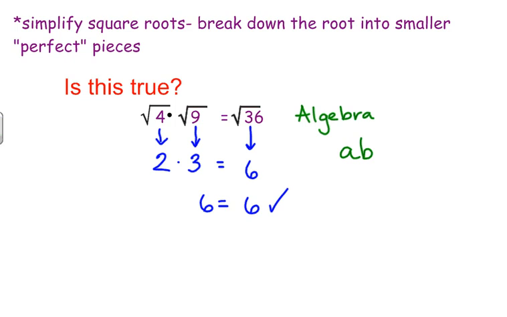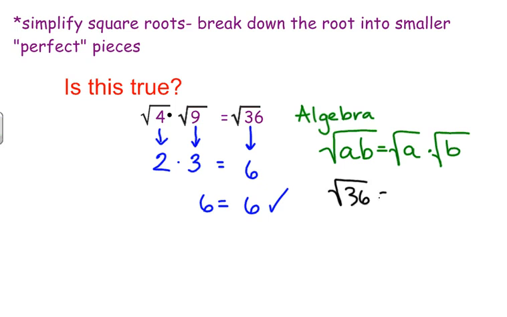If I have two numbers that are multiplied together, like 4 and 9, and I take the square root of them, I could also break them down and multiply them individually. So my example is the example I just did, that the square root of 36 is the same thing as the square root of 4 times the square root of 9. I just wrote it the other way.